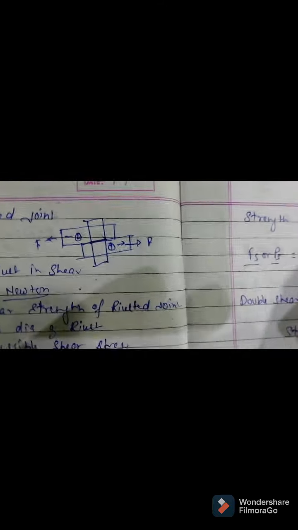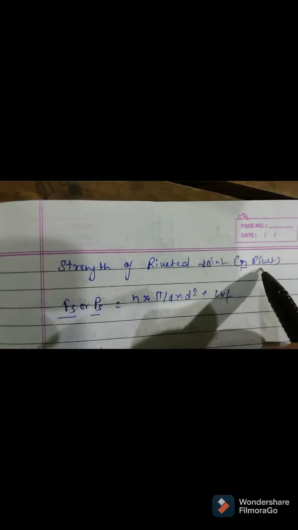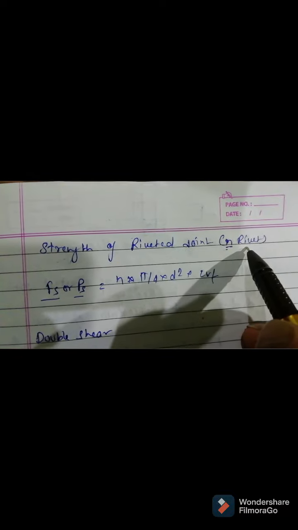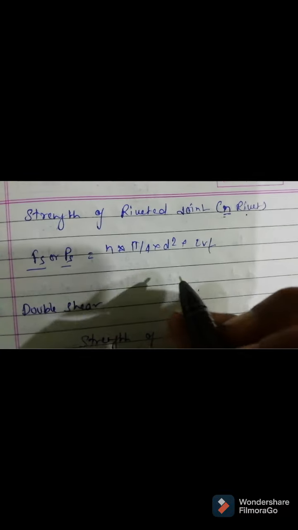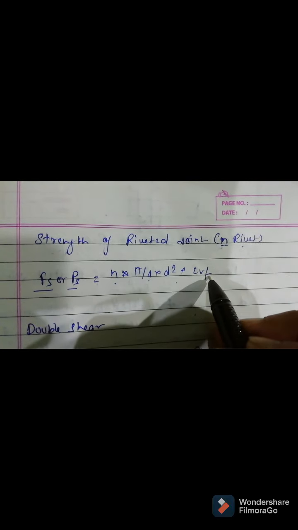Now if N rivets are given, the strength of the riveted joint, if N rivets have been applied in a joint, Fs or Ps equals N into pi by 4 into D square into tau Vf.